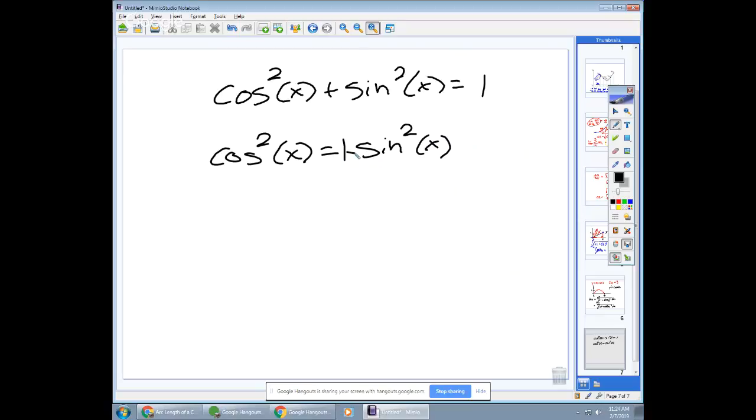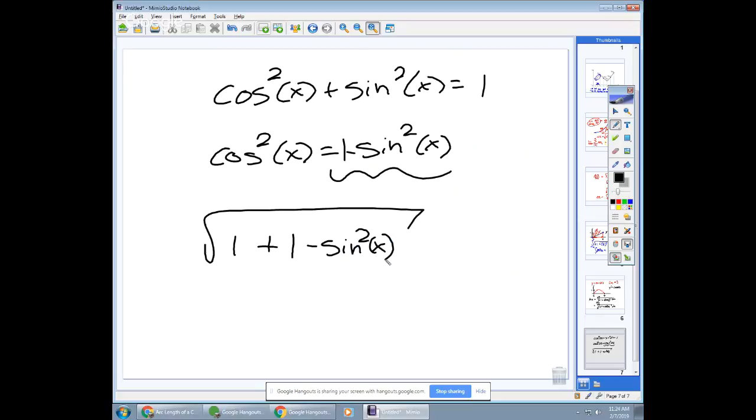I could replace that in my square root. I had 1 plus the cosine squared, so I can replace it with 1 plus 1 minus the sine squared. That gives me 2 minus the sine squared. Now I feel worse off for two reasons: I have a 2 and a minus, and I still have a squared trig function. So that didn't work.